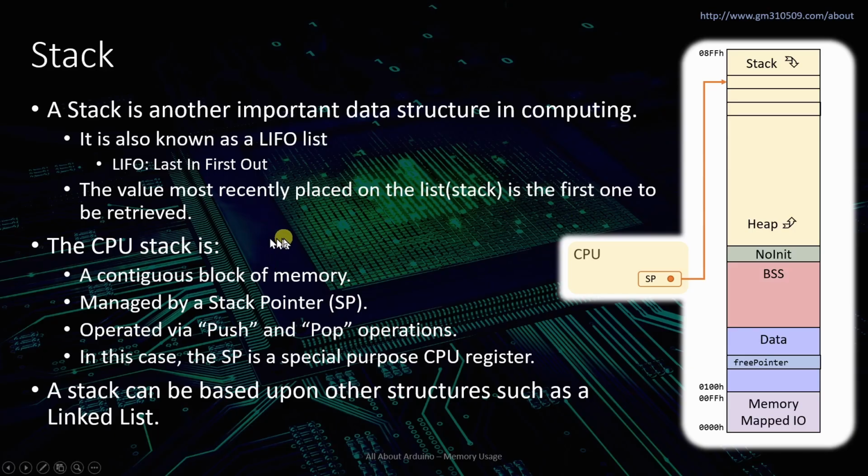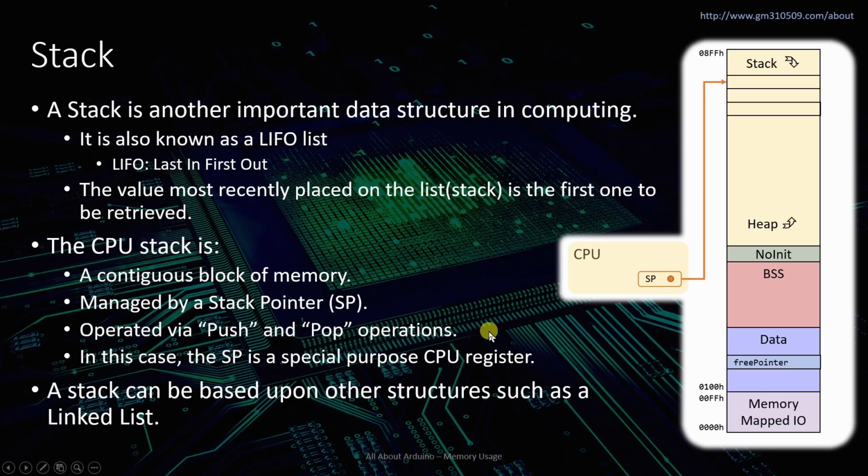So I'm only going to look at the CPU stack. Every CPU uses them. They're a fairly important concept. They typically work the same way, have the same concepts, and those are that it's a contiguous block of memory in RAM. It's managed by a stack pointer, often abbreviated SP. It's operated via push and pop operations.